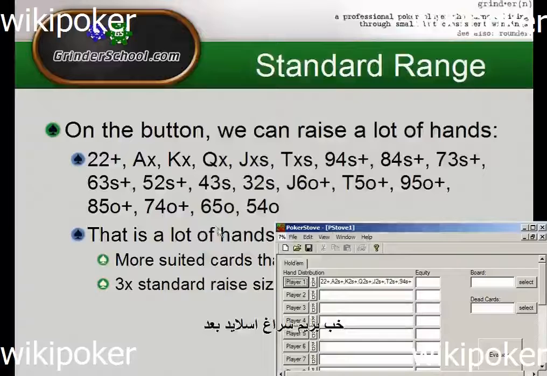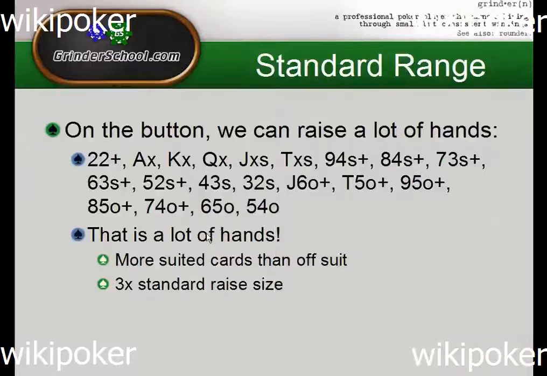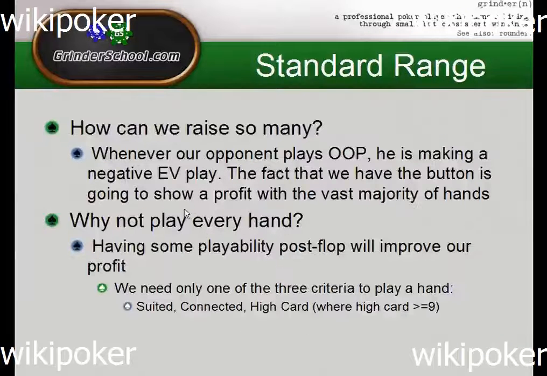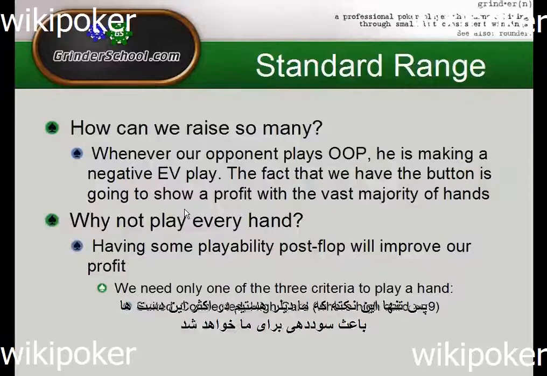So let's go on to the next slide. How are we able to raise so many cards? We pretty much are forcing our opponent to play out of position, and anytime our opponent plays out of position in a heads-up match, it's going to be a minus EV play. Same thing for us as well. Just the fact that we have the button is going to show us a profit over the majority of these hands played.